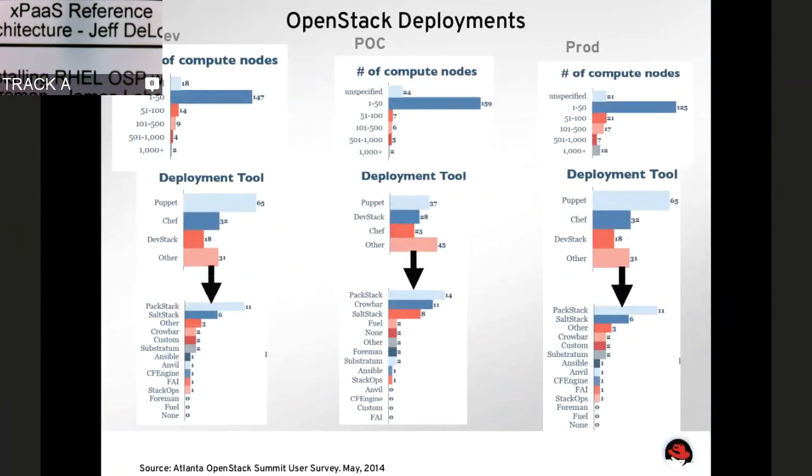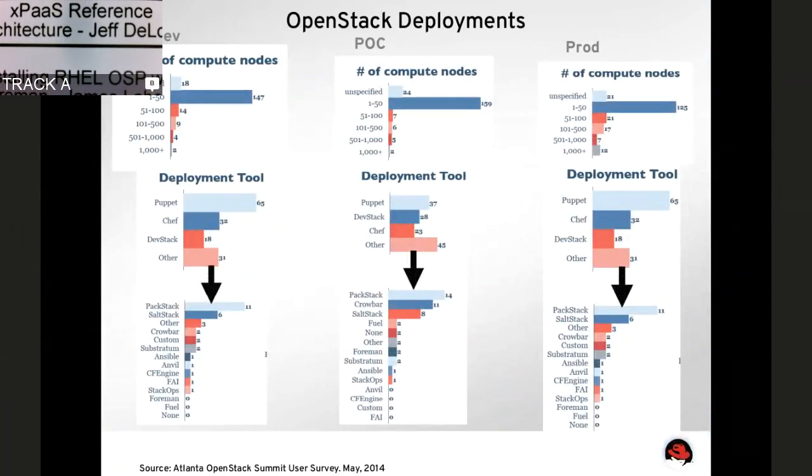If you want, you can pull up the slides and see exactly who some of the users surveyed were. Up here we have dev, then POC for proof of concept, and then prod for production. You can see the number of compute nodes in each of these, and you can see the deployment tool being used.